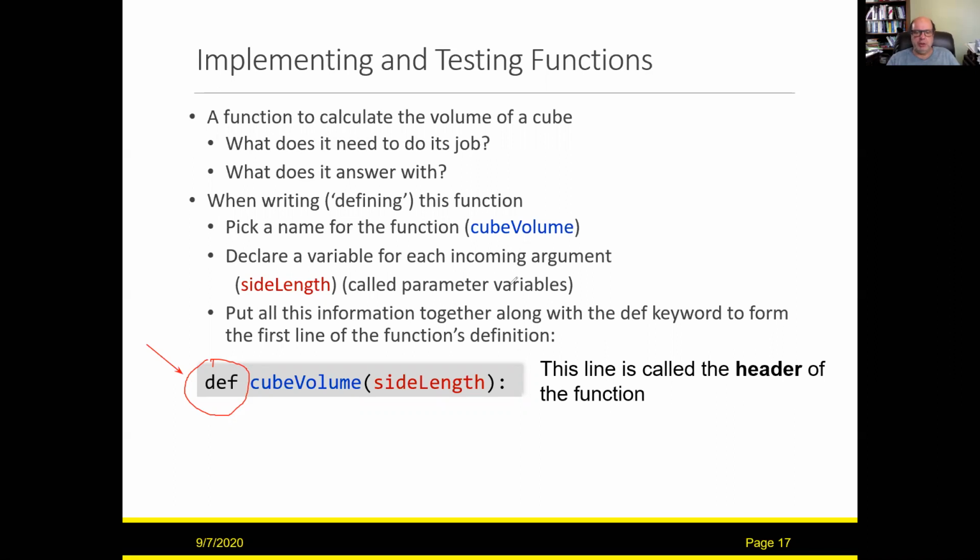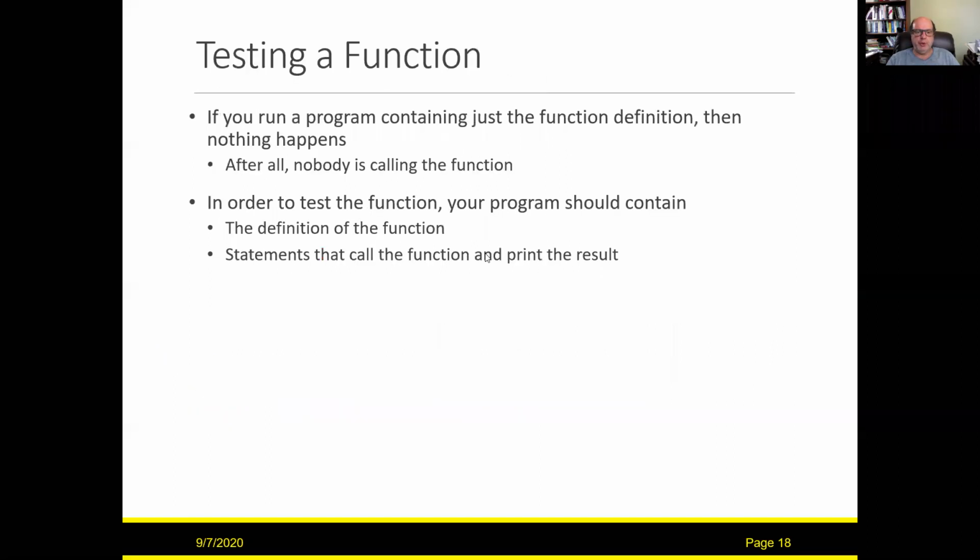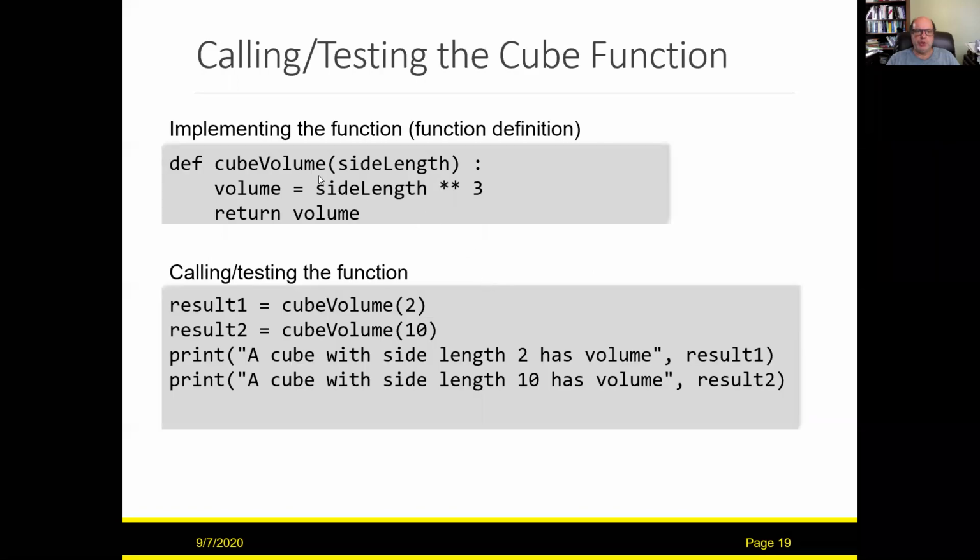Just like the other ones that we were using, the colon means that we're going to start the function here. We're going to name it something with a good, meaningful name, and then we would have parameters here. We'll talk more about the details. So this would be the header for our function. We're going to start with a header, then start writing the code for it, and then test it. So this would be an example of this.